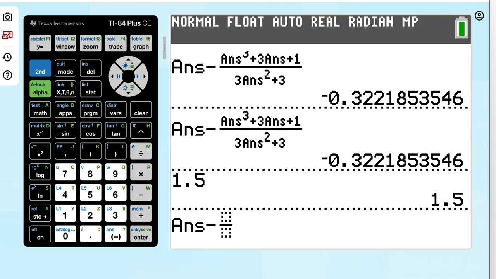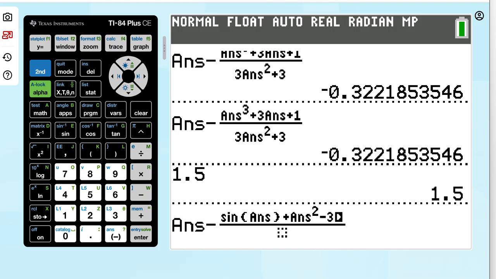We'll have the sine of the answer plus answer squared minus 3 all over cosine of the answer, and then plus 2 times x sub n, or 2 times answer.